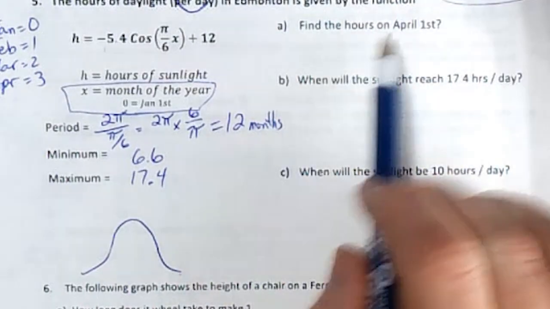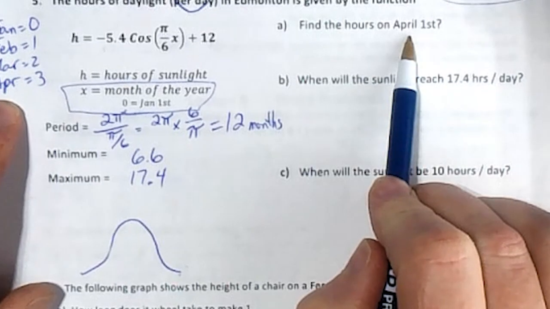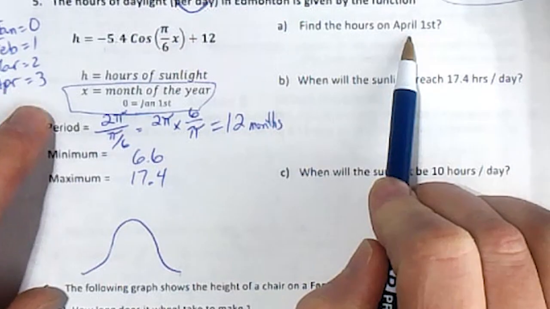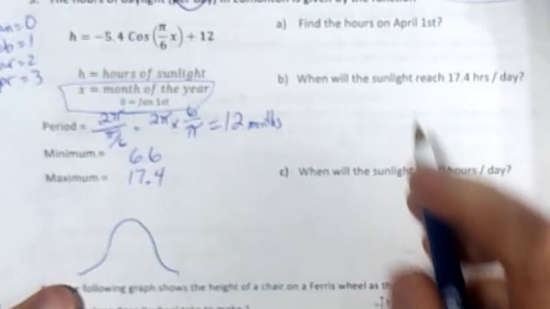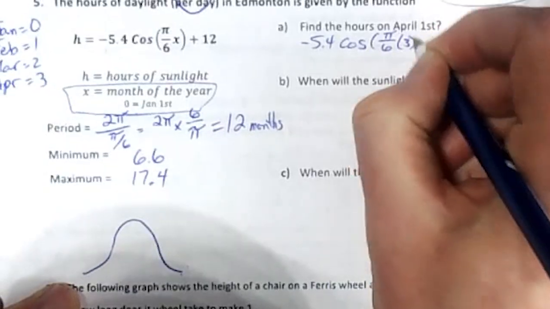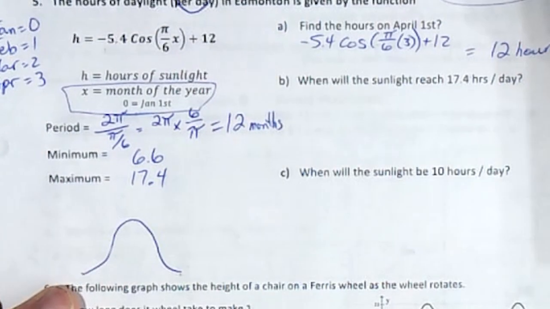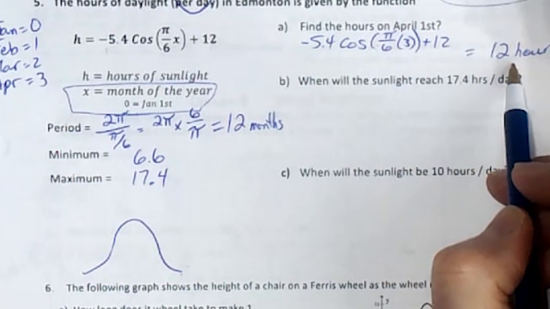So if we want April 1st, even though it's the 4th month, we want April equals 3. So we're going to plug in 3 into the equation. So 12 hours, which makes sense.